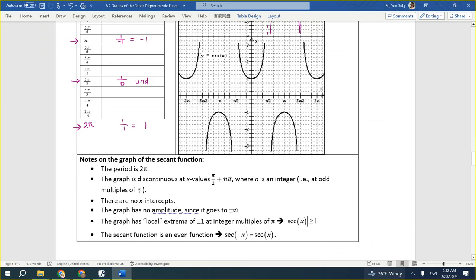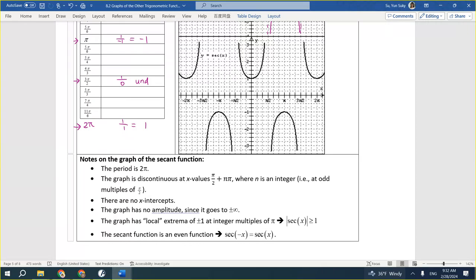Okay. Look at the graph. You see the period is also 2 pi because the period of cosine is 2 pi. And your secant depends on your cosine. So the period is also 2 pi. And the graph is discontinuous because we have vertical asymptotes at pi over 2 plus n pi.